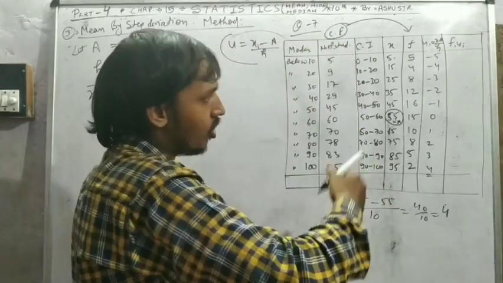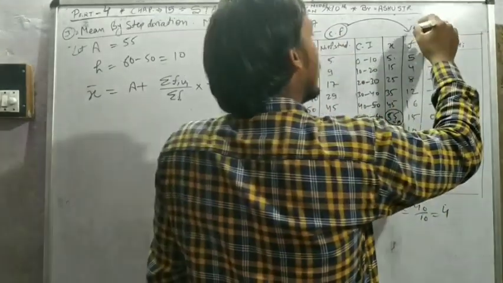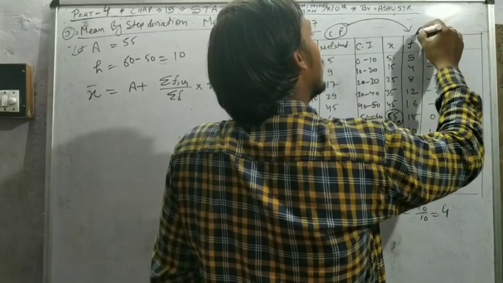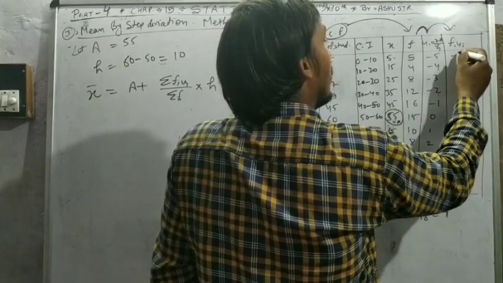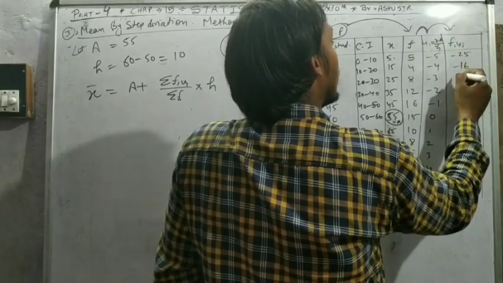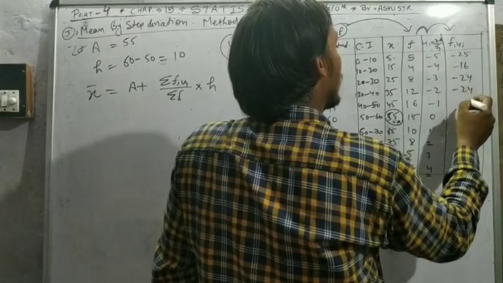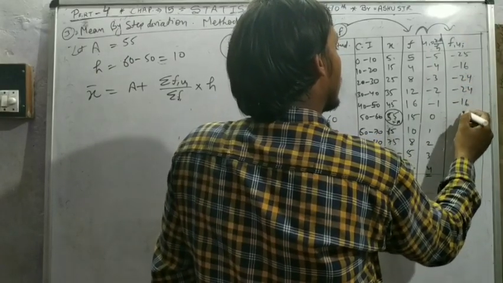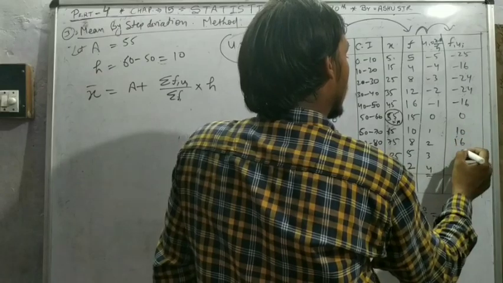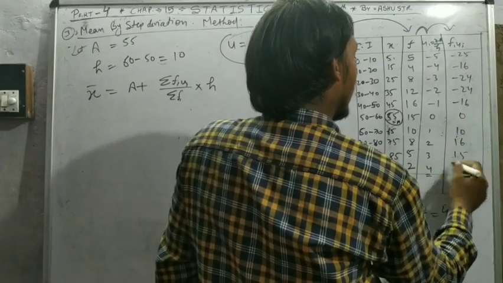So it always follows this order. Then find fu: minus 25, minus 16, minus 24, minus 24, minus 16, 0, 10, 16, 15, 8.